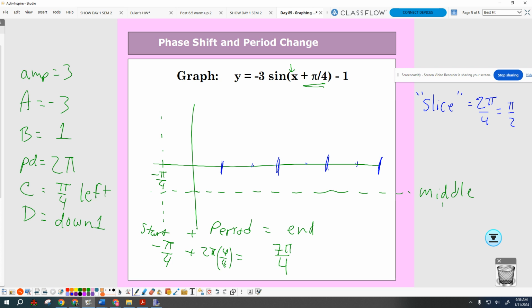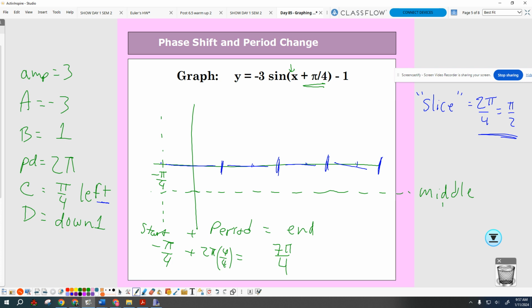All right. Do you agree about this shift, that it's shifted to the left? Do you agree about this part, that the full period, to get my 5 critical points, the starting point, the ending point, and the 3 in the middle, I need to cut into 1, 2, 3, 4 equal pieces? So from negative pi over 4 to that first big line, that's pi over 2. Correct.